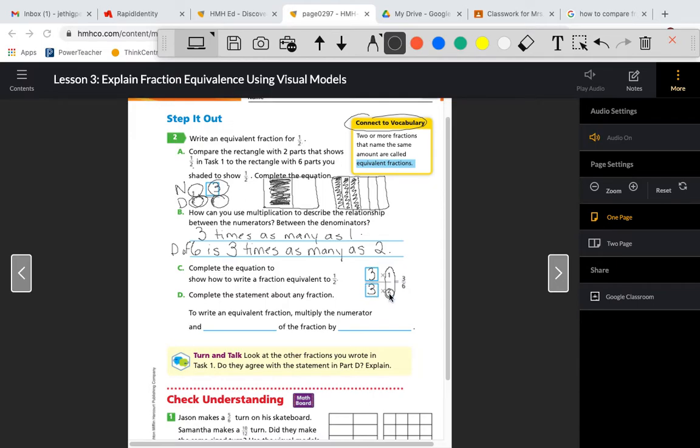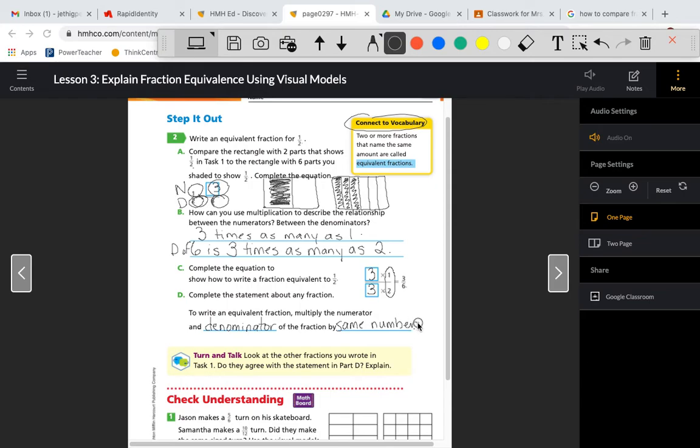So 3 times 2 is 6, and you get 3/6. And let's complete this statement about any fraction. To write an equivalent fraction, multiply the numerator and the denominator of the fraction by the same number.